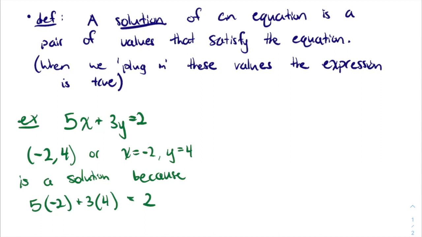Now to be certain, we would want to check this. 5 times negative 2 is negative 10. 3 times 4 is 12. And yes, negative 10 plus 12 is 2.